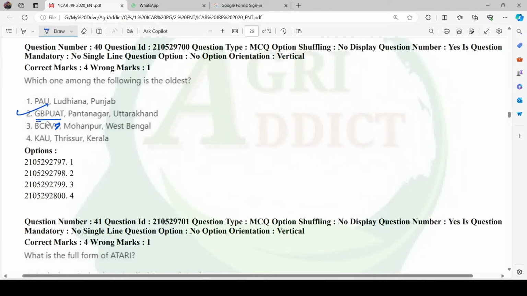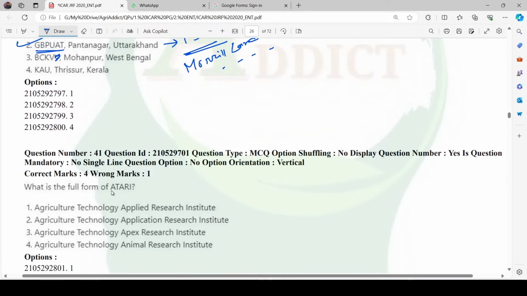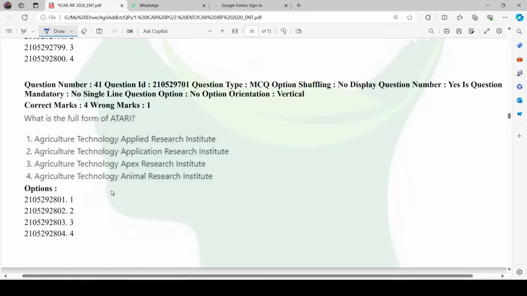You all know that GBPU is the first agriculture university established in India in the year 1960 in Pantnagar, and it was established under the Land Grant Act model of the USA of 1860s. Following this type of act in India, GB Pant University of Agriculture and Technology was established in 1960, mainly in November. I'm not sure, but I guess it is in November.